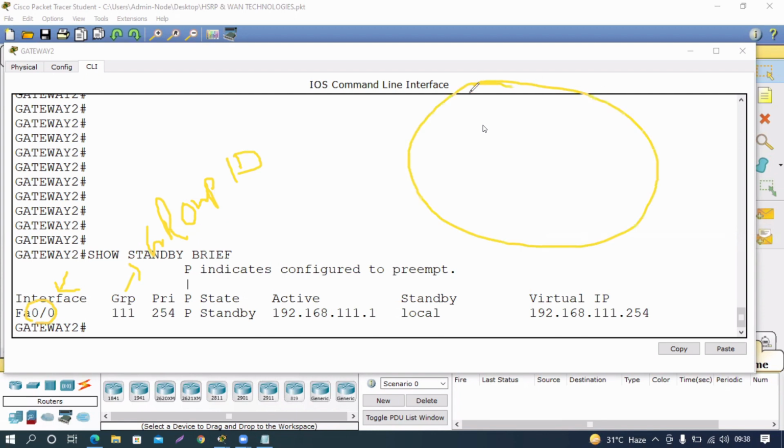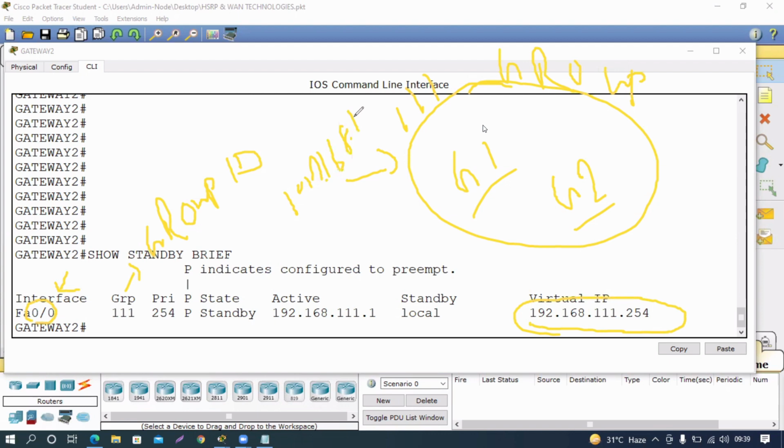So in this group 111, we have our gateway 1 and gateway 2. In this group, we have two gateways coming in. And what is the group IP we have? The group IP is 192.168.111.254, right? This is the group IP.